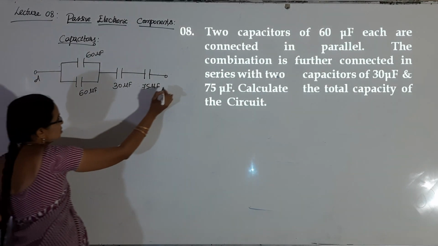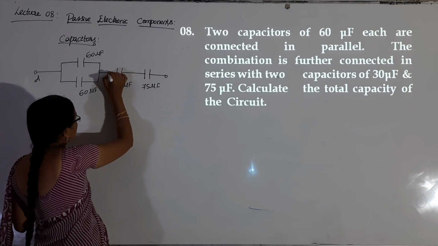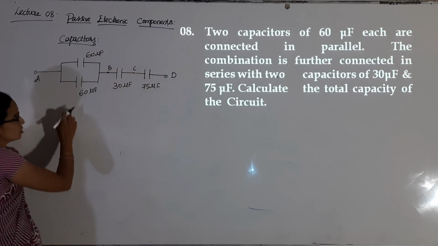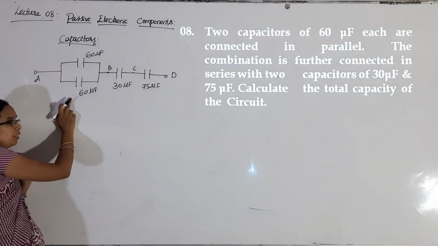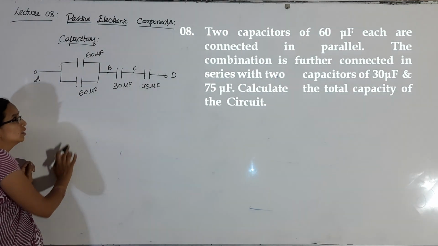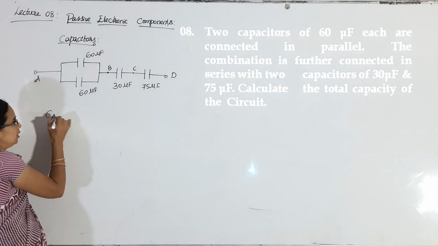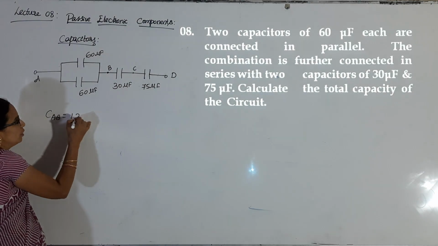I will name this as A, B, C and D. First I will calculate AB. These two capacitors are in parallel, so CAB is equal to 120 microfarad.